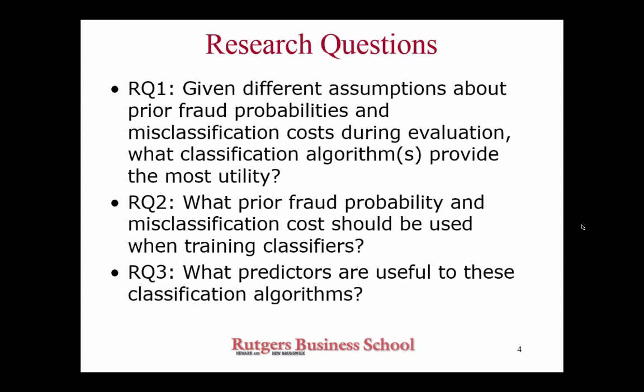So therefore, when we are comparing all those different algorithms, we don't want to restrict ourselves only to those that explicitly take into account the differential costs of false positives and false negatives. So we want to evaluate all of them on equal footing, and therefore we actually want to reduce the problem, okay, to something that each algorithm can handle.